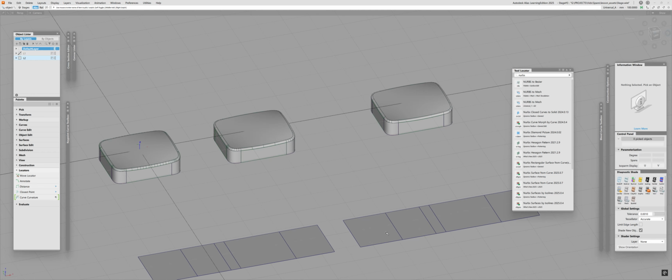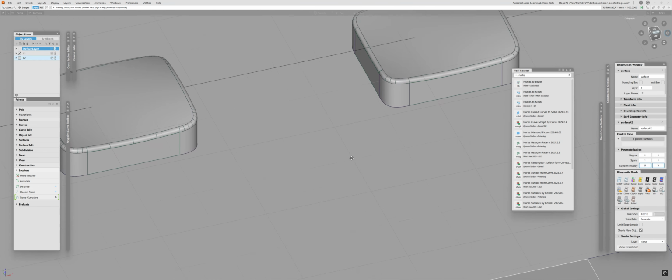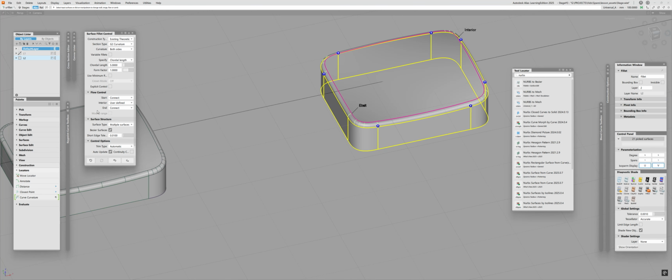So basically the way I split these surfaces using the Bezier checkbox. This gives you the benefit of both single span simplicity and complex assembly at the same time.